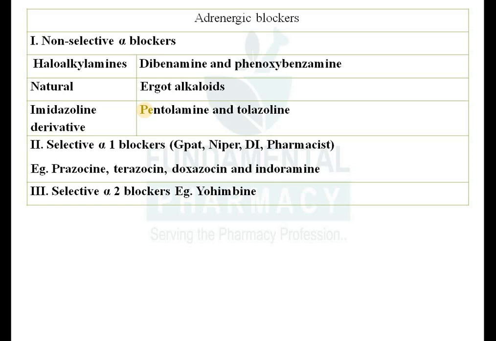Okay, continuously they are stimulating the sympathetic nervous system, so you are getting adrenaline, noradrenaline, and that's why you are getting blood pressure.